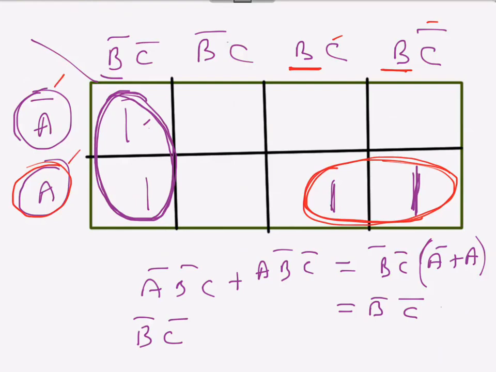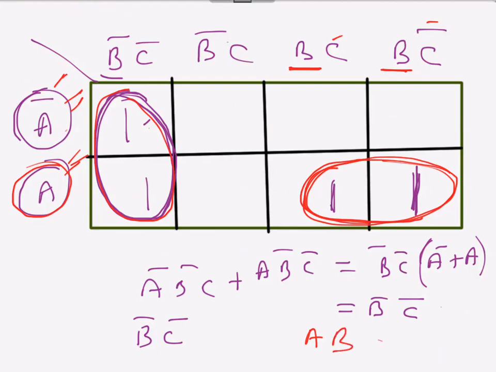Here A and A bar is not common, so this is not coming. What is changing does not come. Here C and C bar is changing, so it doesn't come. So the common thing will come. For this one the group will be A and B.